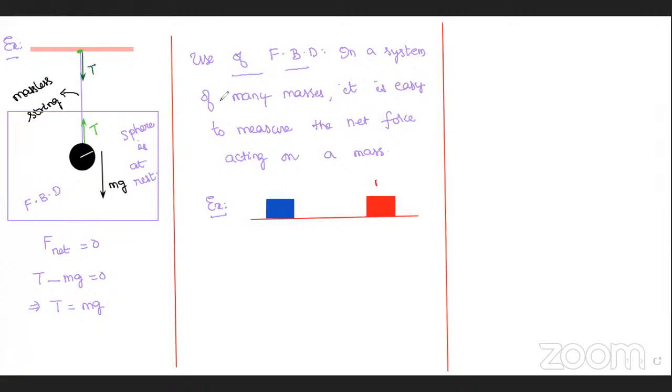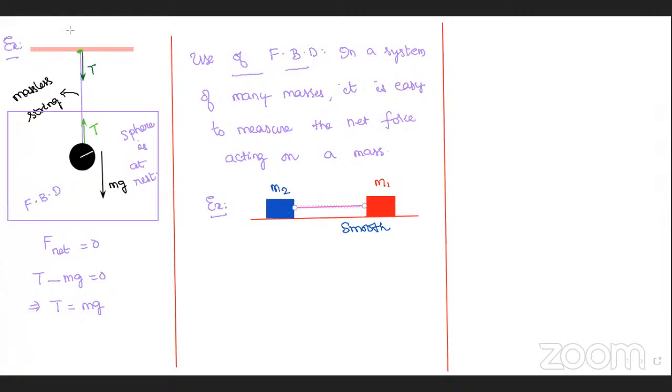Like this is suppose M1 and it is M2, two different masses. And here we consider the surface is smooth. There are no opposing forces from the surface. This is a free surface, like a well polished marble surface. And here those two masses are connected with one string.